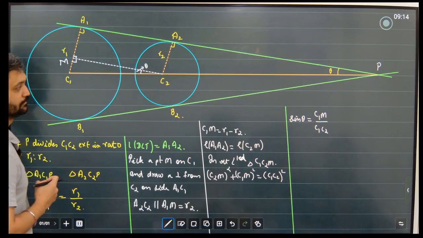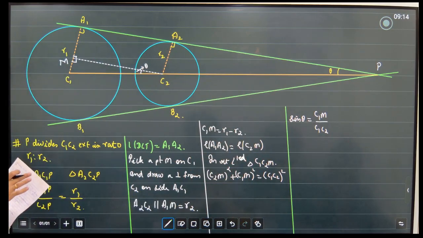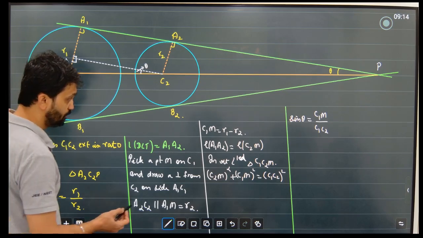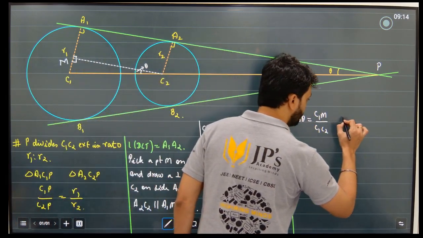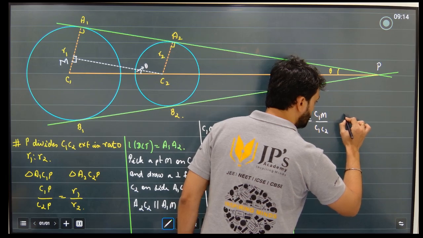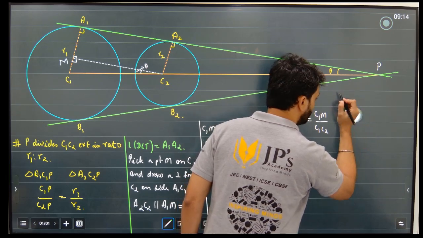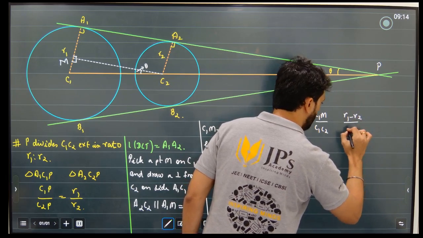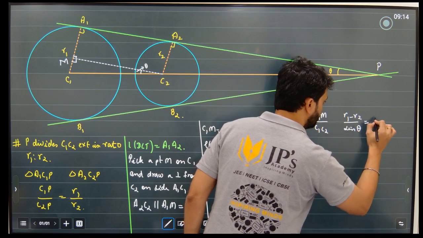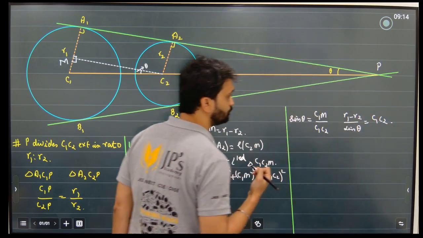Therefore, do I have C1M का value? What is C1M का value? See this, R1 minus R2. So I can write this as कि R1 minus R2 upon sin theta is equal to C1 C2. Sure?